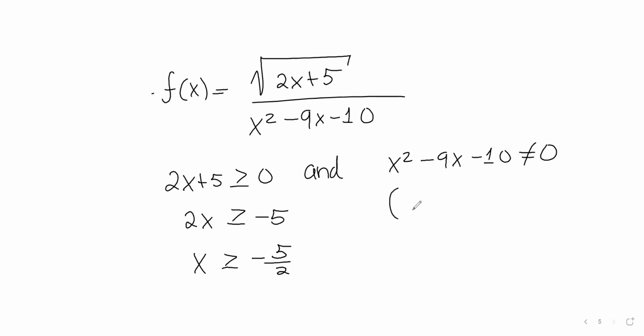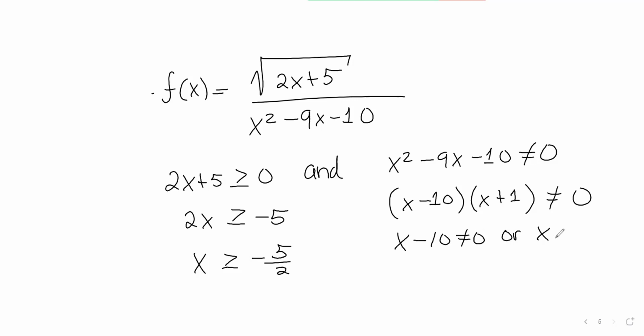Now for our polynomial, we need to factor it. Factors of negative 10. Well, how about negative 10 and positive 1. Because they multiply to give negative 10, they add together to give negative 9. I set each one equal to 0 individually, or in this case, not equal to 0.